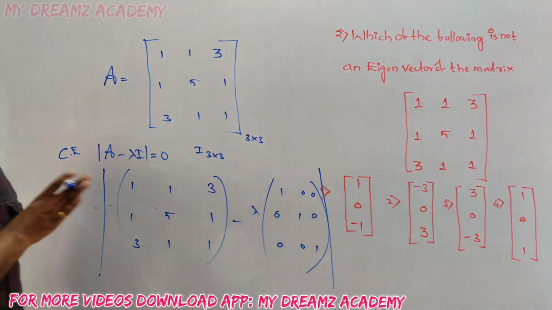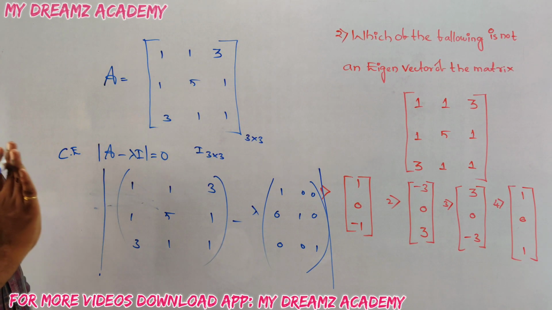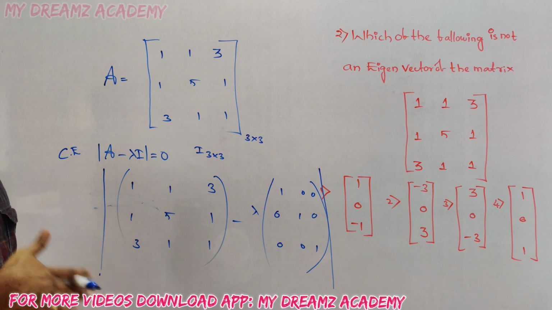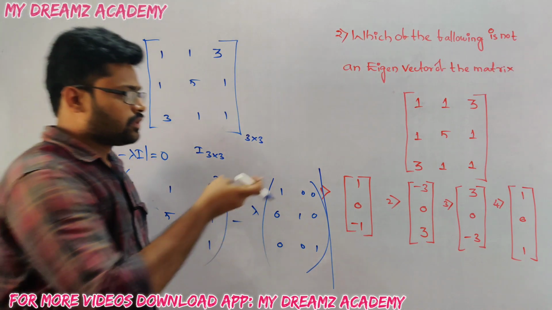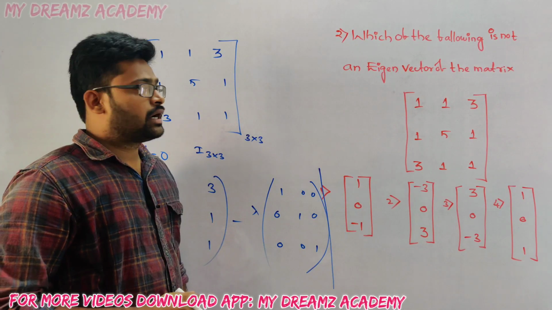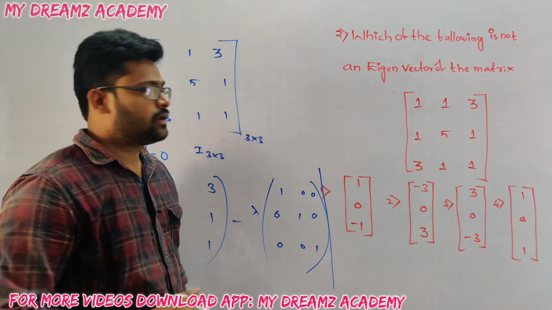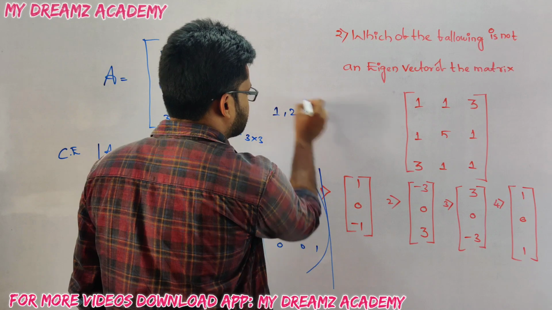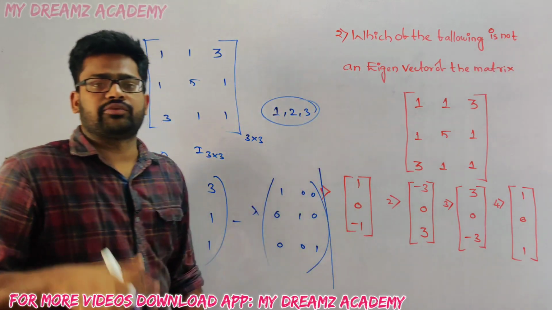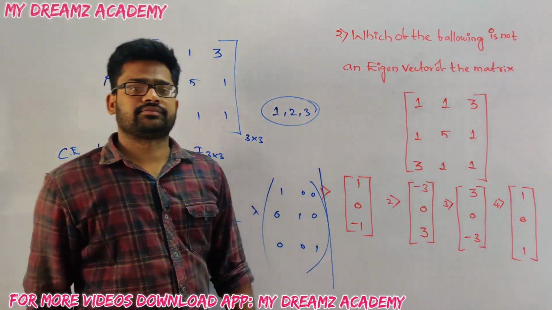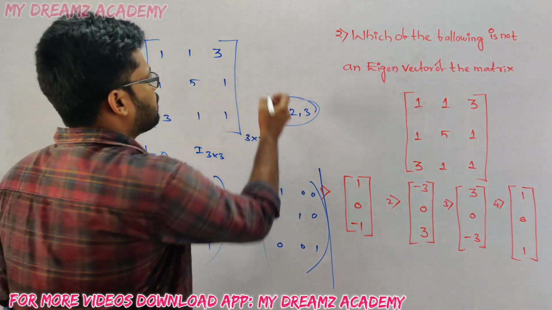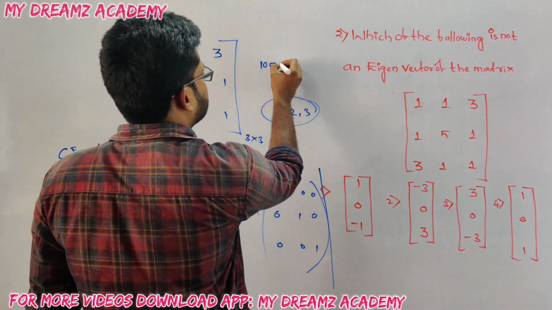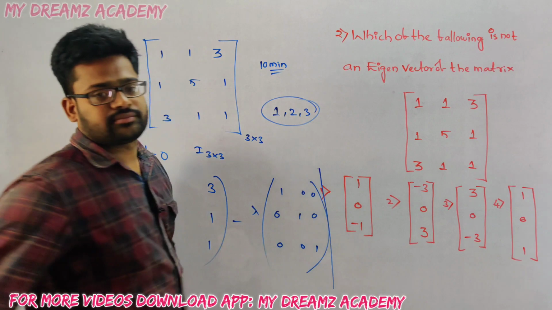This is very lengthy procedure in order to calculate lambda values. Then after you need to go for eigenvectors. Okay, for every eigenvalue, if the eigenvalues are like this 1 2 3, for every eigenvalue we will get one eigenvector. It will take minimum 10 minutes to solve this question.